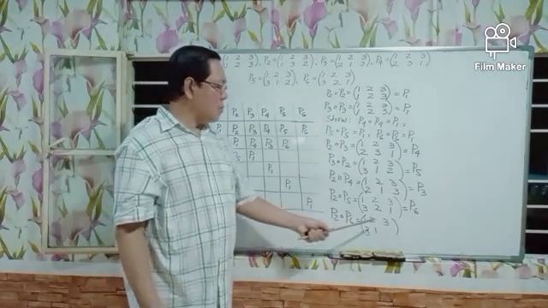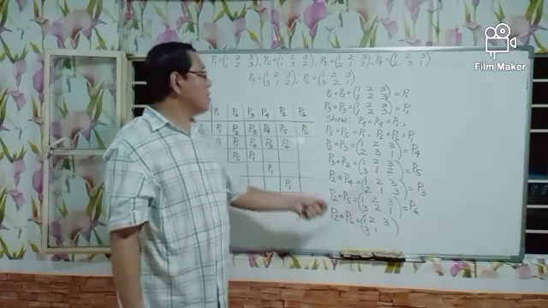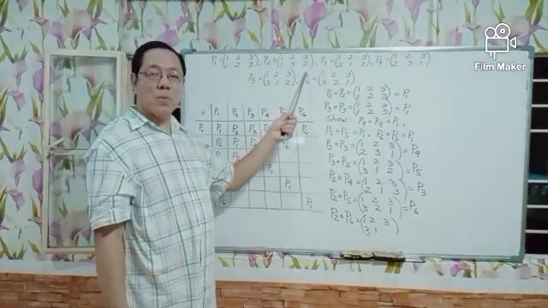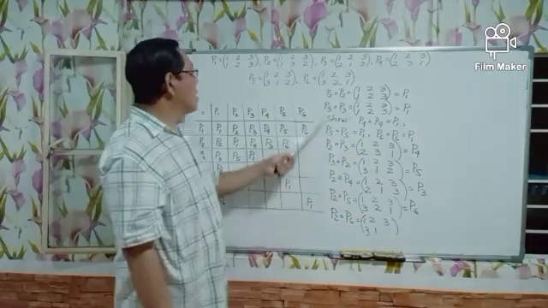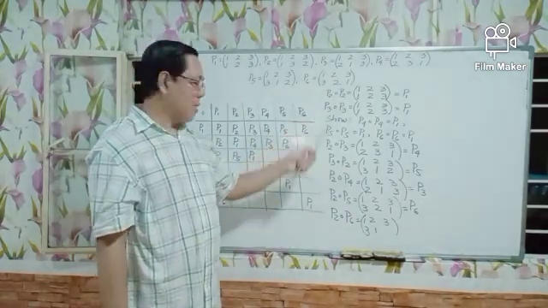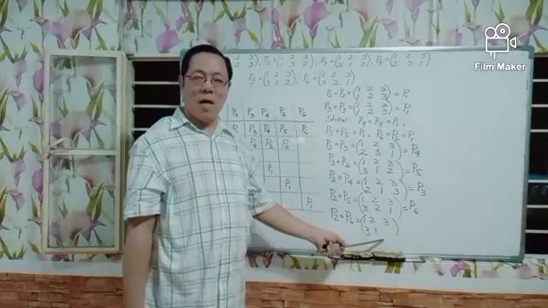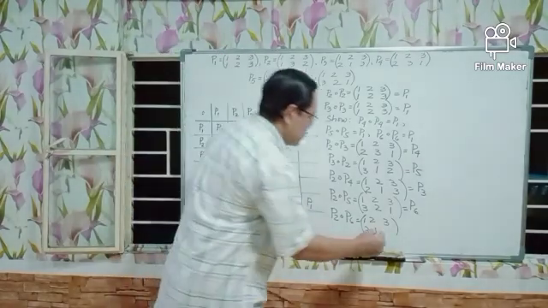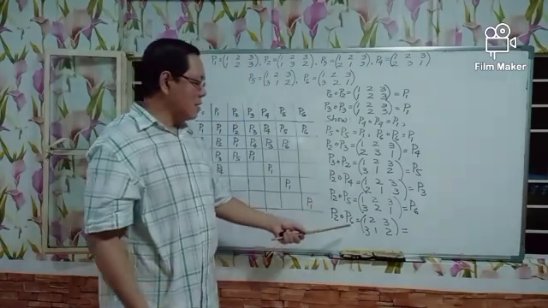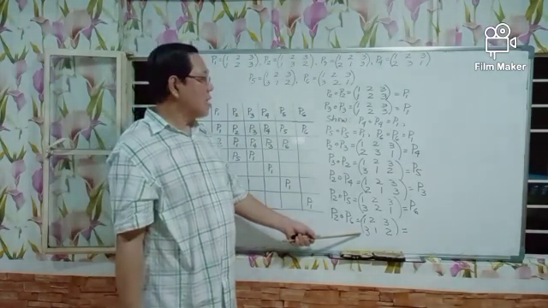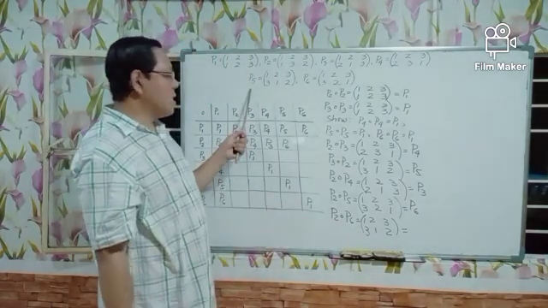And P2 assigns 3 to 2. And P sub 6 assigns 2 to itself. Therefore, 3 is assigned to 2. And this is the function P sub 5.